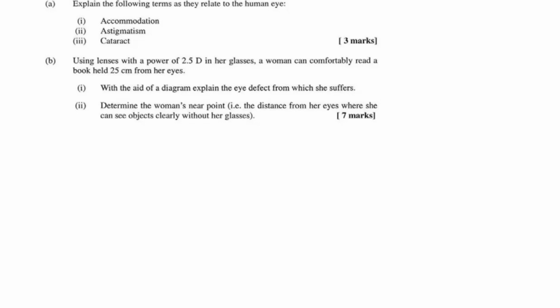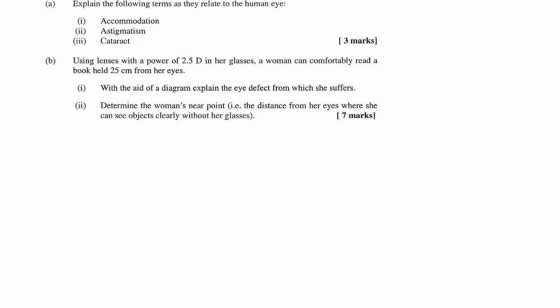All right, it says using lenses with a power of 2.5 diopters in her glasses, a woman can comfortably read a book held 25 centimeters from her eyes.